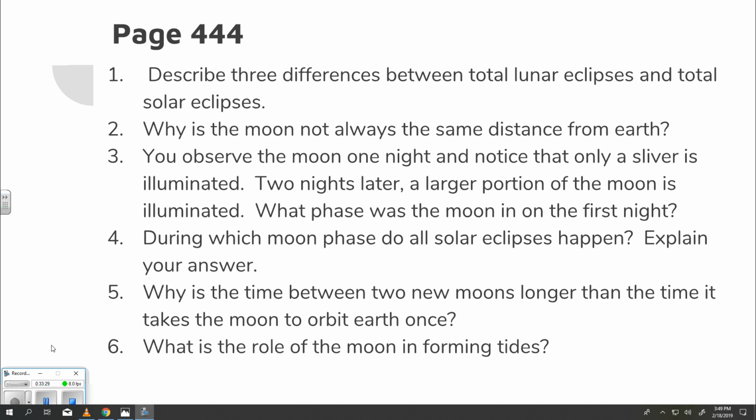Solar eclipses happen with the moon's shadow on Earth. Lunar eclipses happen with Earth's shadow on the moon.